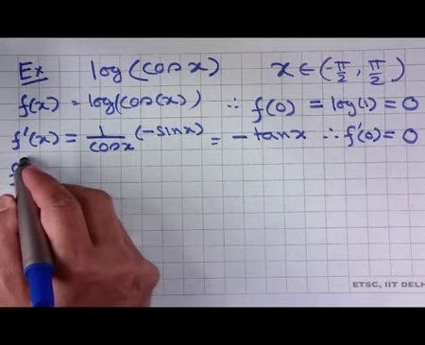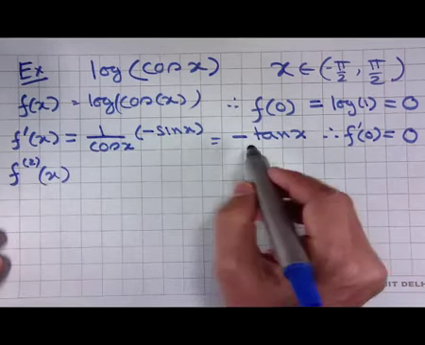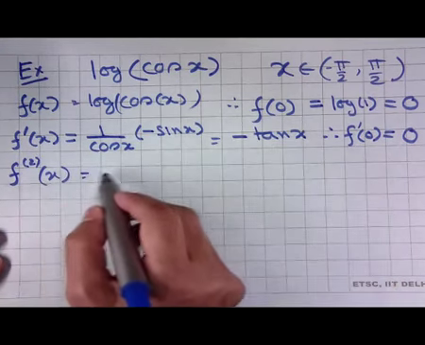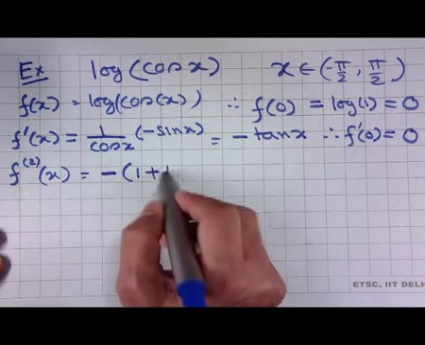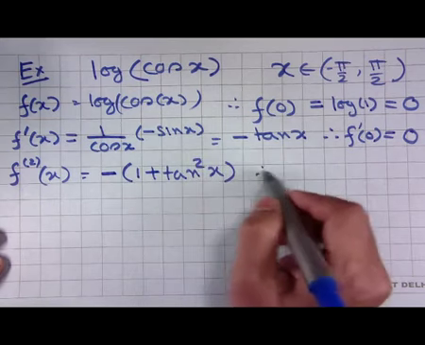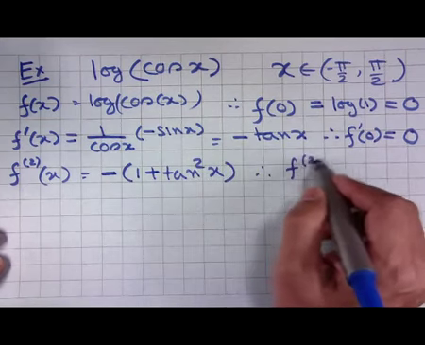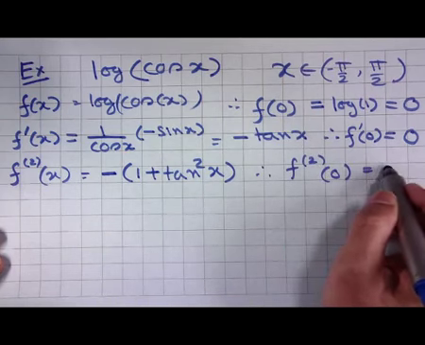f double prime x is d/dx of minus tan x, which is equal to minus (1 plus tan square x). Therefore, f double prime at 0 is equal to minus 1.